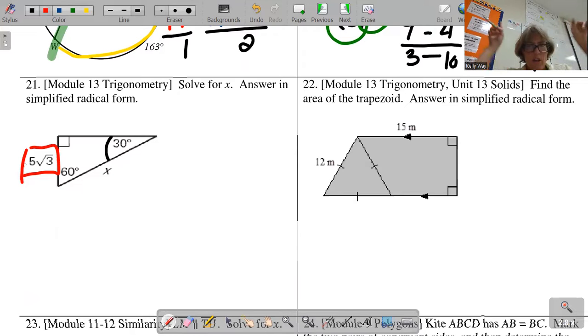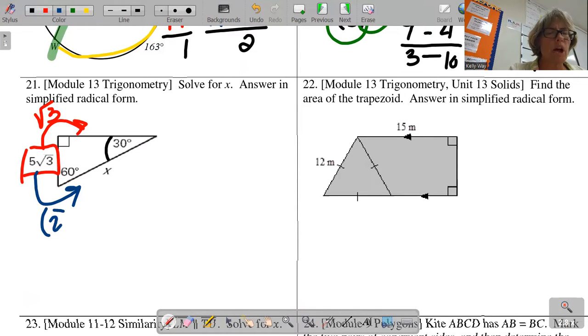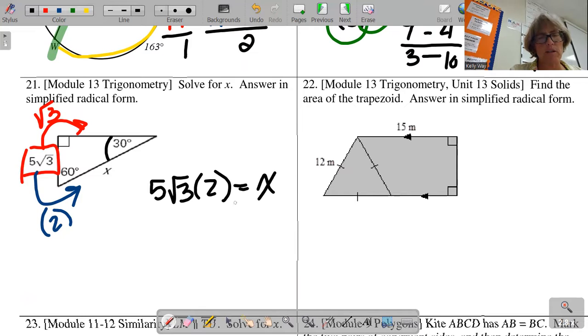Then you draw your two sprouts. Always start at the short leg. Short leg to long leg times root 3. Short leg to hypotenuse times 2. So in this case, 5 root 3 times 2 is going to give you x. Only the outies talk to each other.